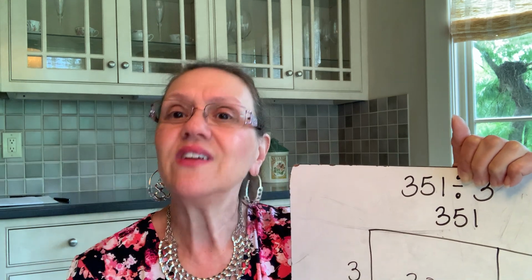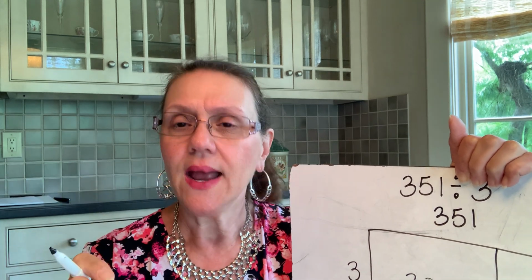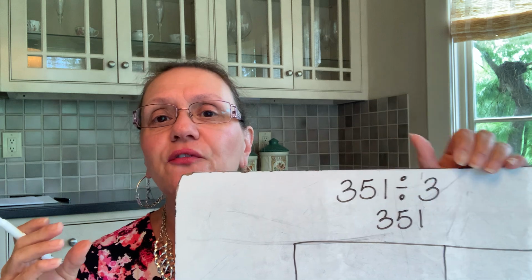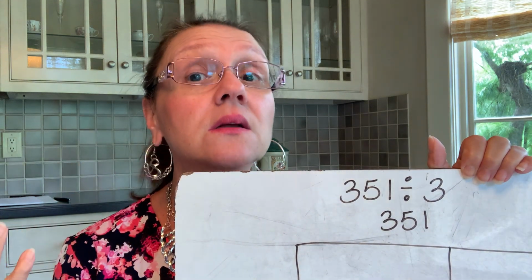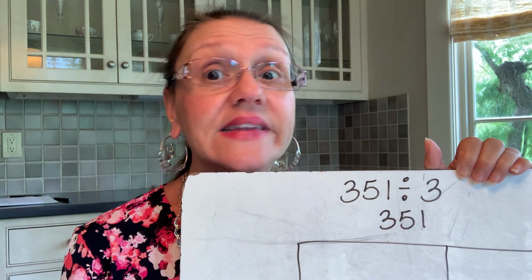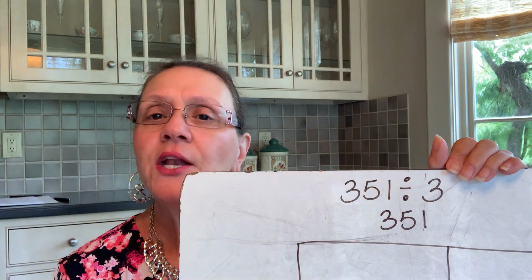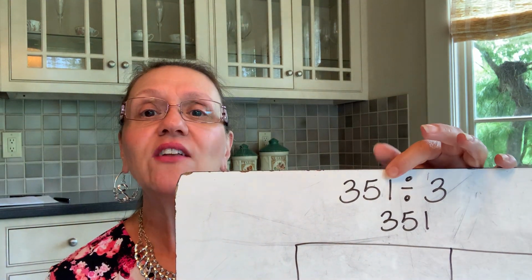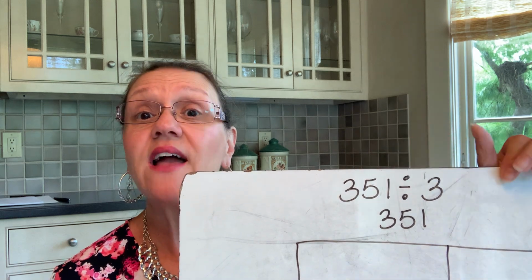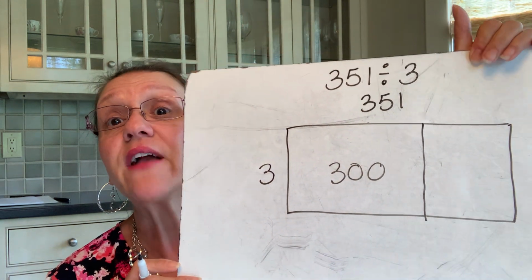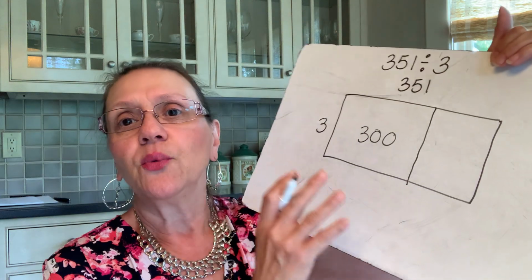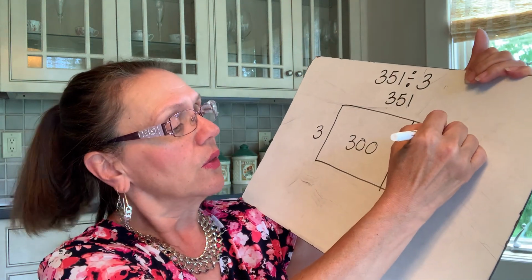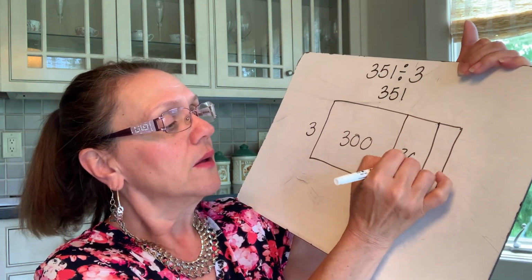What you can do is divide it in a different way. And this is where the concept of friendly numbers comes in. It's not in the book. So I know that 3 times 10 is 30. If I took my 51, which is what I have left after I take out my 300, 3 goes into 30.